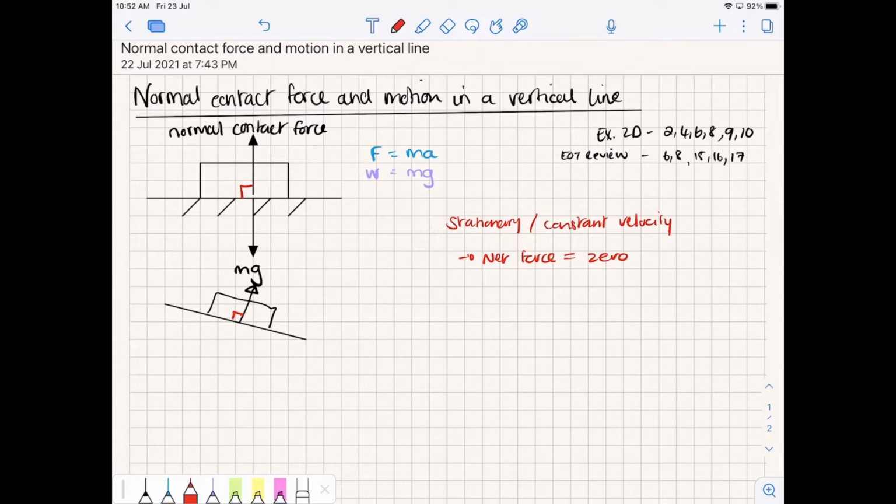We're not going to be considering too many problems like this for now. We'll get to that. So for all the examples in today's situations, we'll just be looking at nice and simple ones. So we won't be looking at surfaces that are at an angle just yet. But it's important for you to remember that this contact force is always perpendicular.